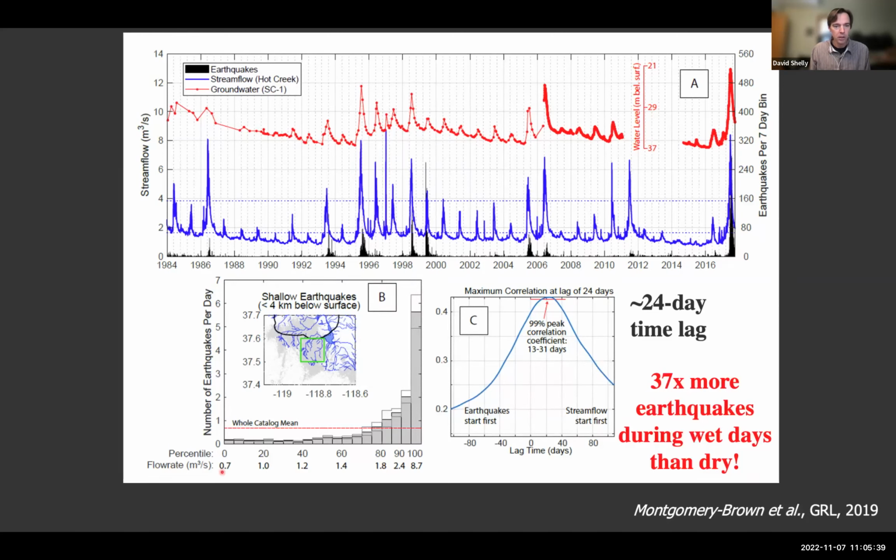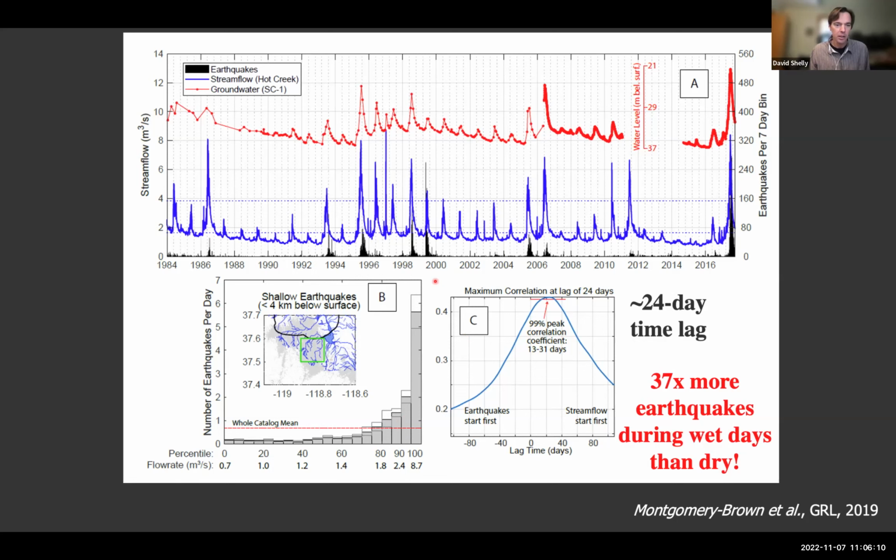So this plot on the lower left is showing we essentially binned all the time by streamflow percentile. So this is percentile from 0 to 100 on the x-axis, average number of earthquakes per day on the y-axis. And you can see not only does seismicity increase at higher streamflow rates, but it's a very systematic increase with percentile.